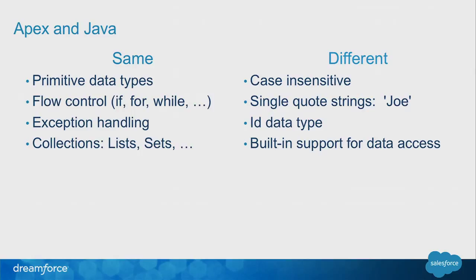The other difference is that it has built-in support for data access. If you're in Java, you would use something like JDBC, or you would have to get a driver to access the database layer. Maybe you'd use Hibernate and HQL to access your entities. In Salesforce, you have built-in support for the data model.